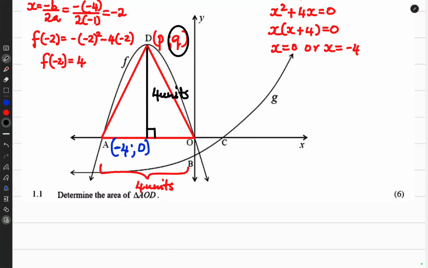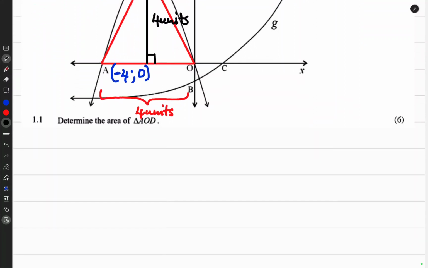We remember that. So we come here and say, okay, area of triangle AOD should be half base times height.